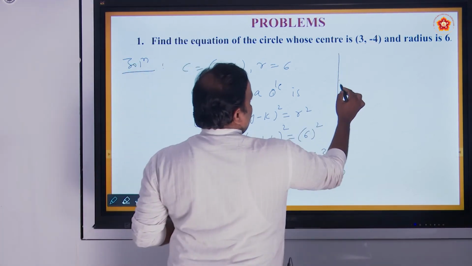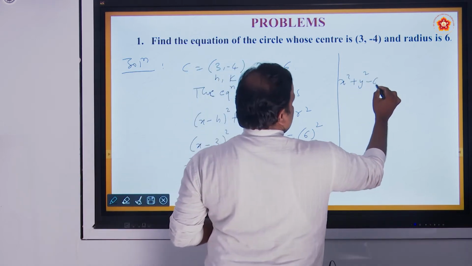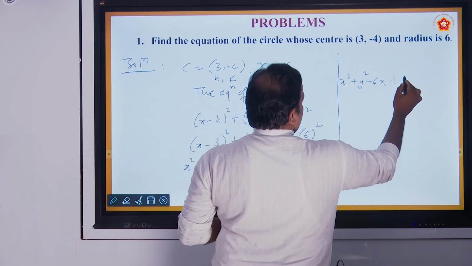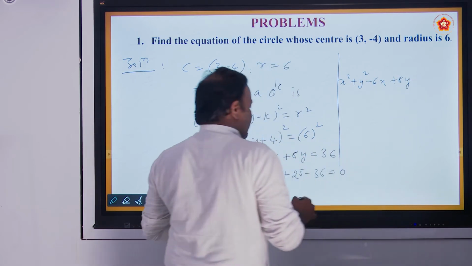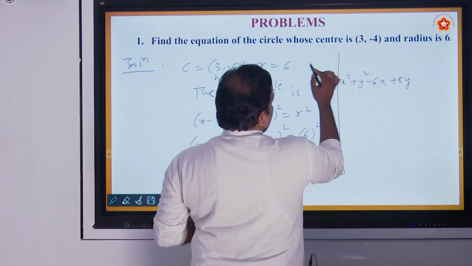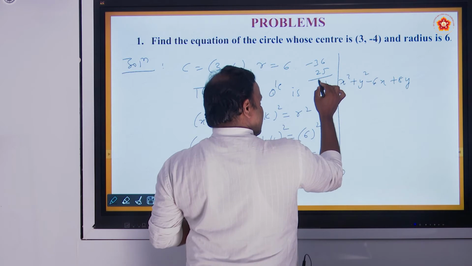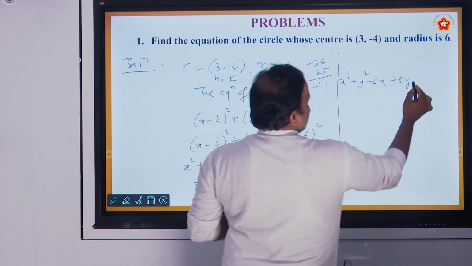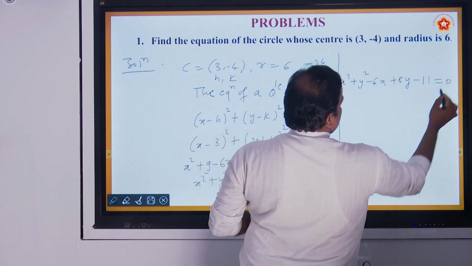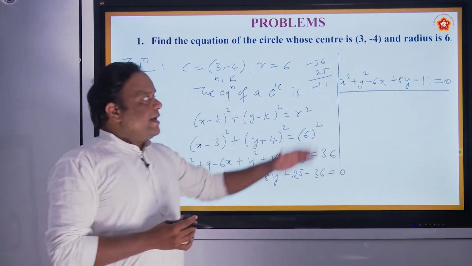Next is x square plus y square minus 6x plus 8y, and 25 minus 36, or 36 minus 25, how much? That is 11, so it is minus 11 equal to 0. This is the required equation of circle in standard form.